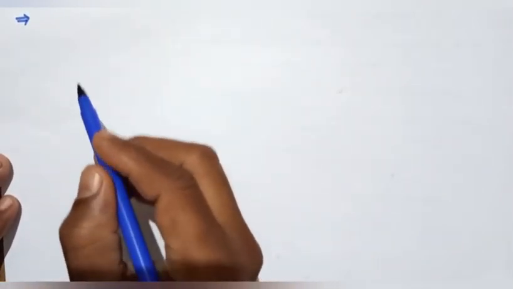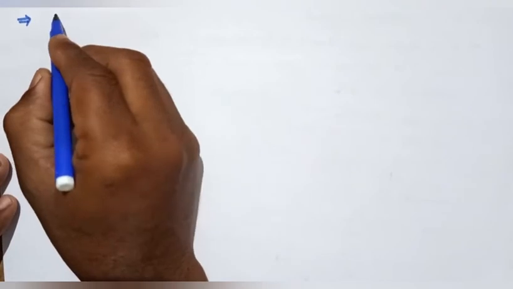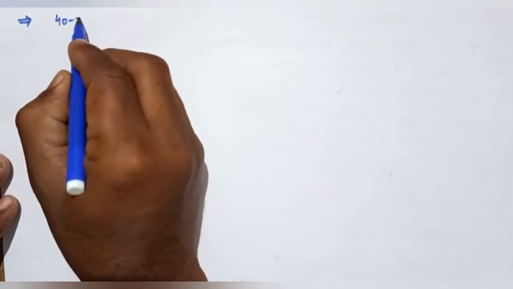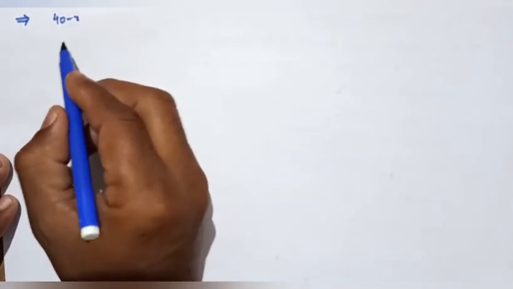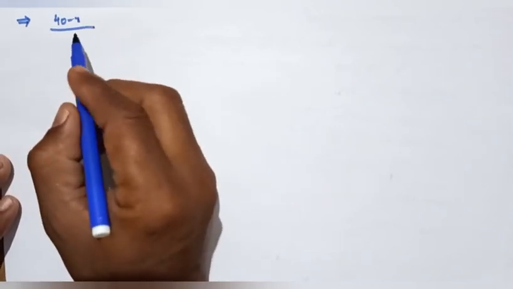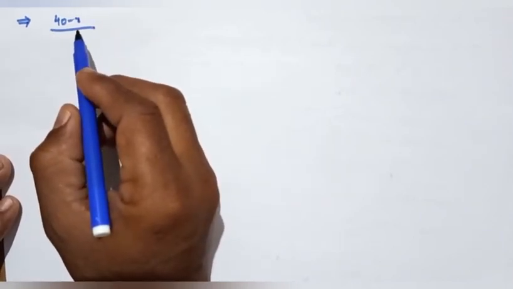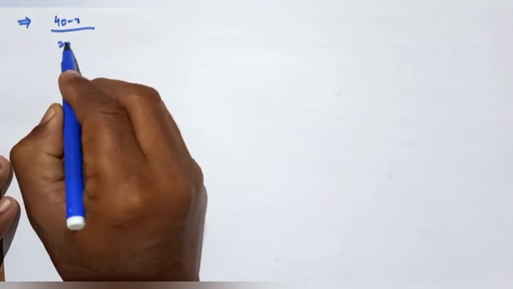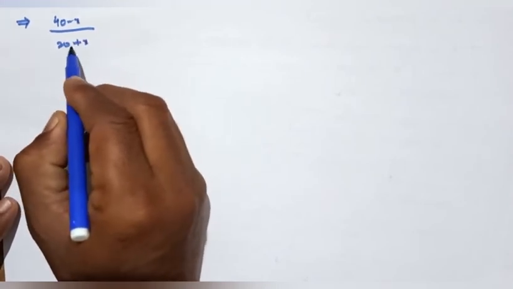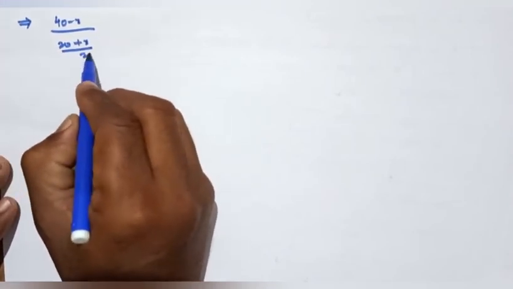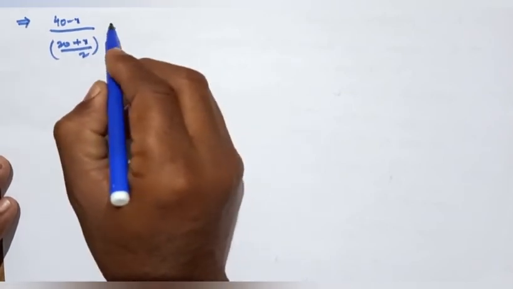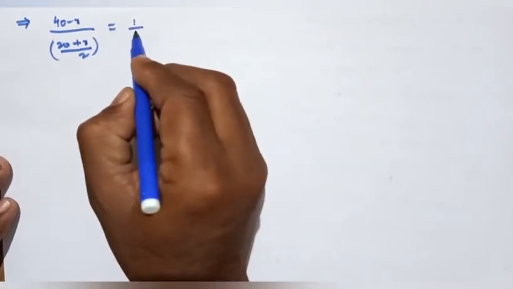From the above equation, (40 minus X) divided by (20 plus X) by 2 equals 1 by 2.